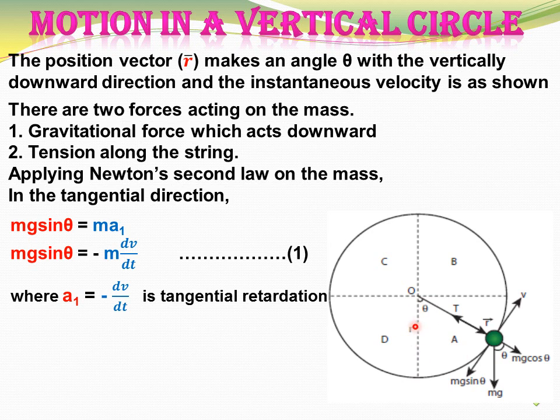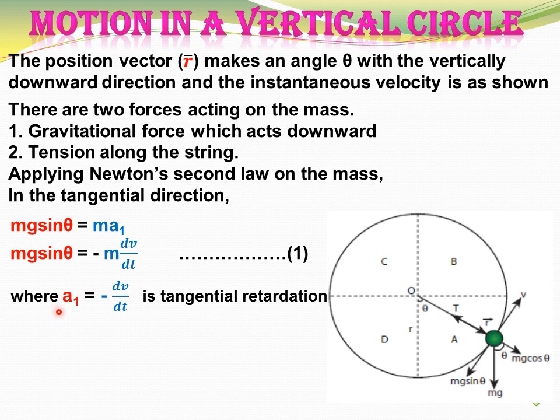So mg sin theta is equal to m a1, where the acceleration is dv by dt, the rate of change of velocity with respect to time. But it carries a negative sign. Why is it negative? It's because the acceleration is a tangential retardation. That's why we get a negative symbol here.